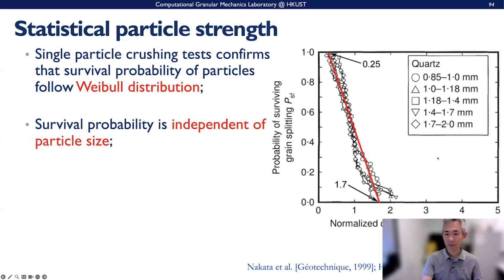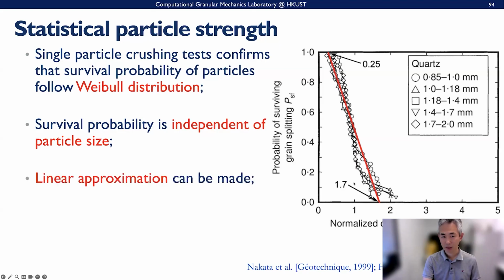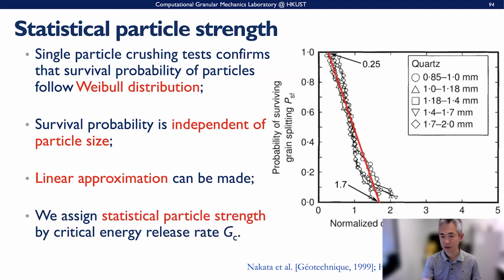So this is the Weibull distribution that we followed here, and then we use a linear approximation for this particle strength, to assign a statistical strength for each one here.